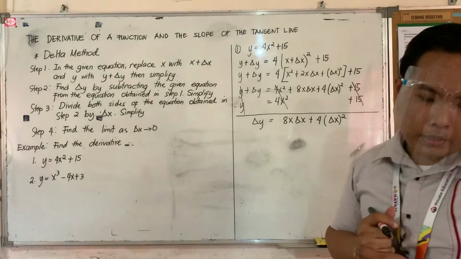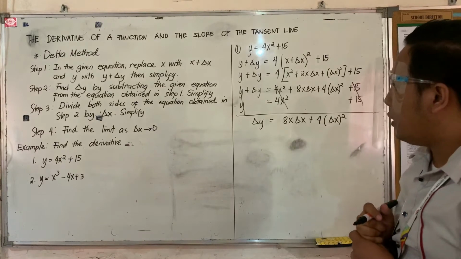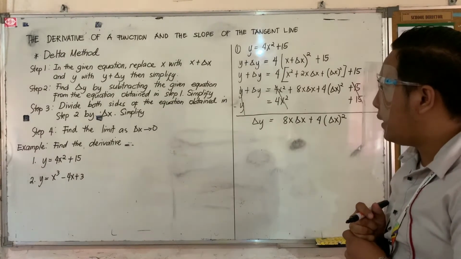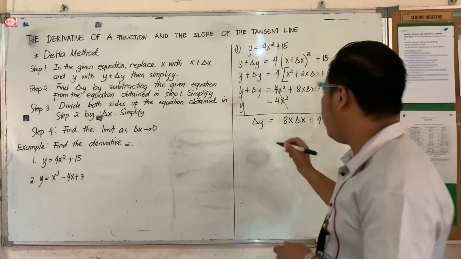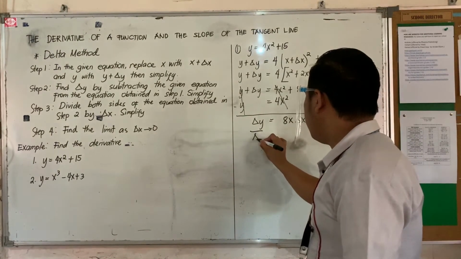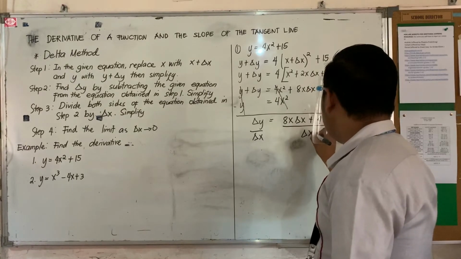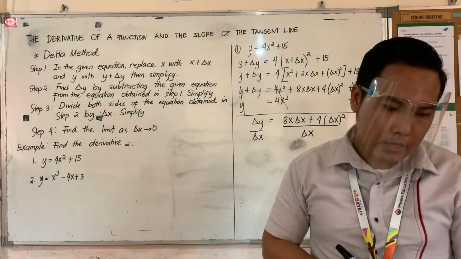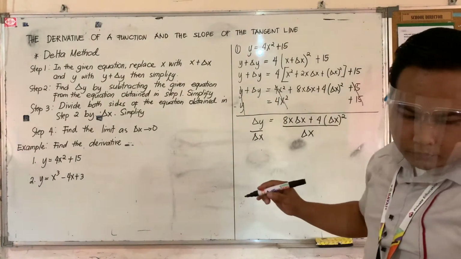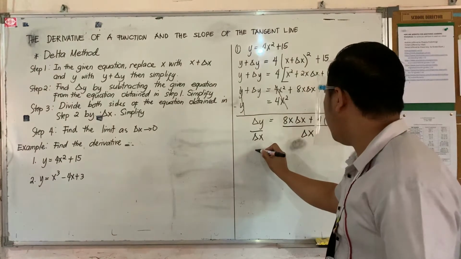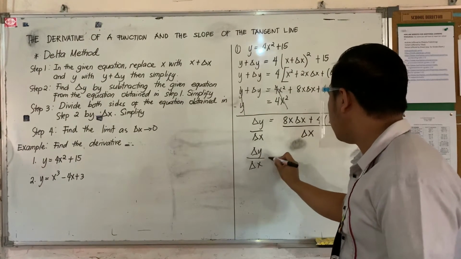For step number 3, we will now divide both sides of the equation obtained in step 2 by delta x. So, di-divide naman natin siya ng delta x for step 3. So, we have delta x here and on the other side, another delta x. Okay? So, we will now simplify this one by omitting all delta x.